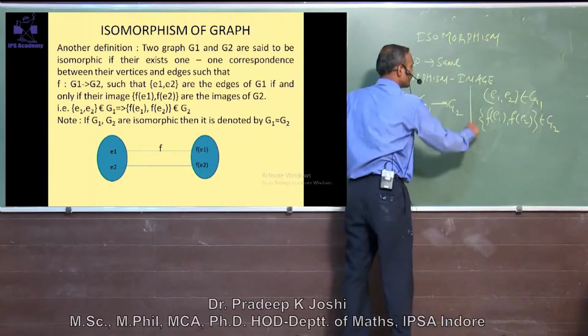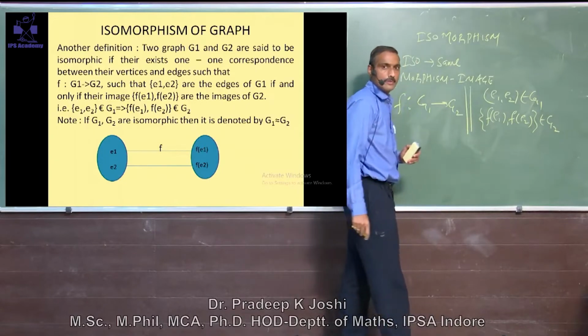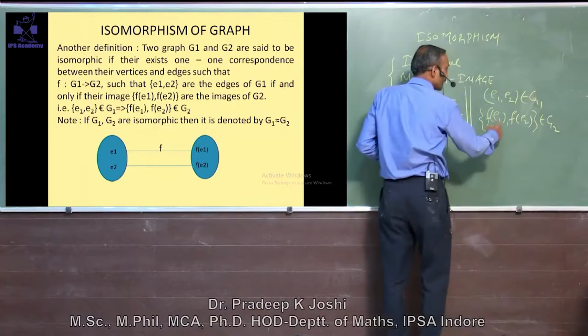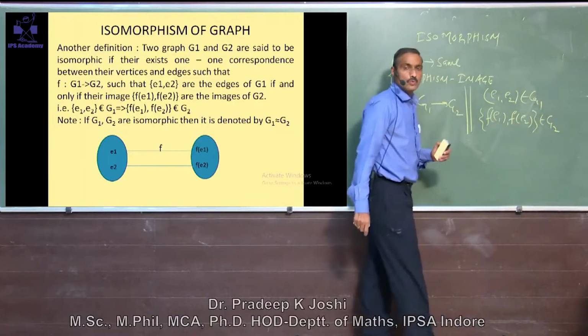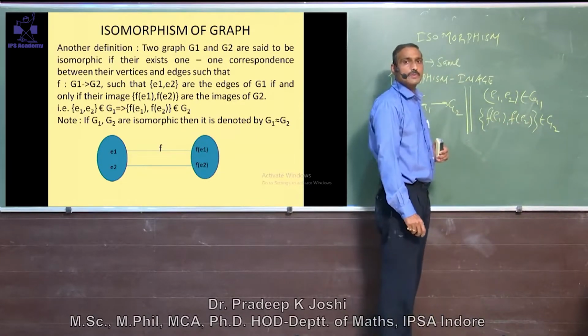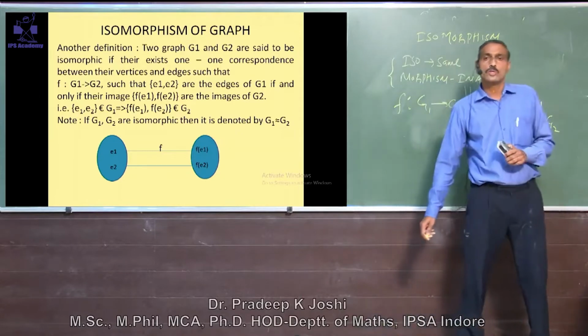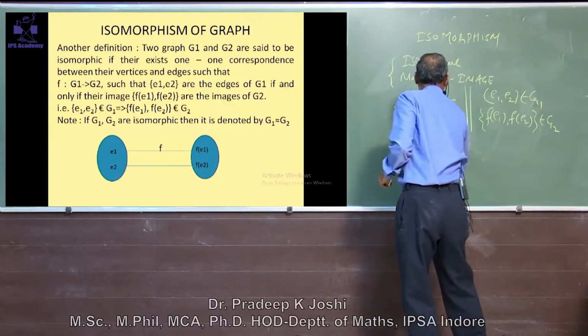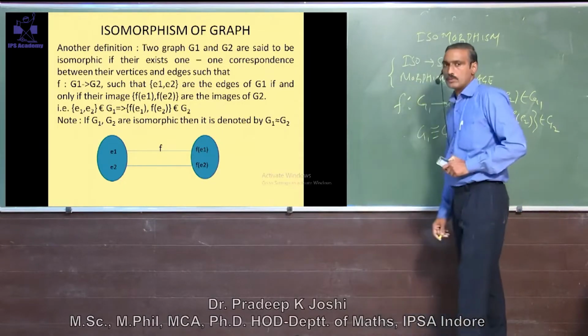This is the condition of one-to-one correspondence. Note that if G1 and G2 are isomorphic, then it is denoted by G1 is isomorphic to G2.